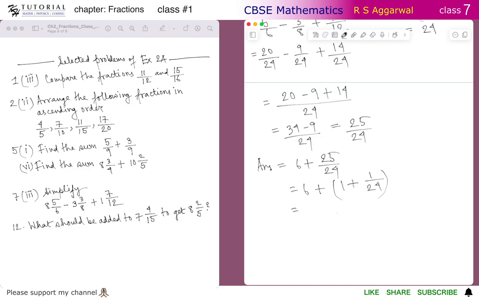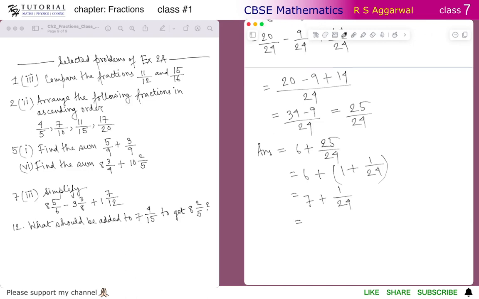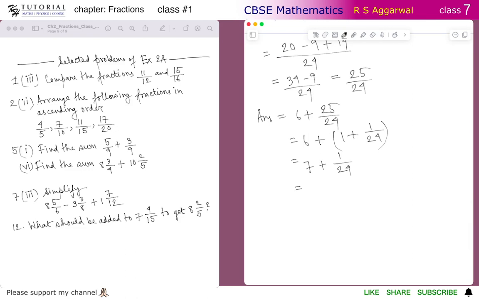So this becomes 7 plus 1 by 24. So in the mixed form this becomes 7 and 1 by 24. Okay.